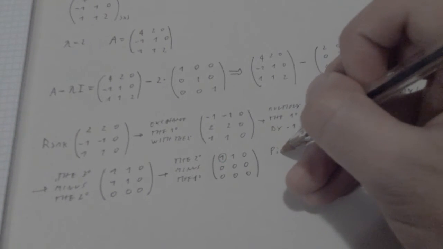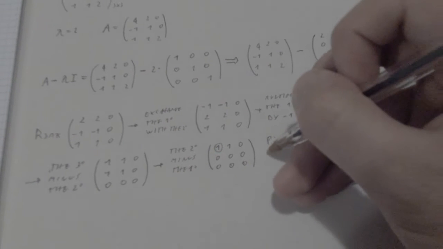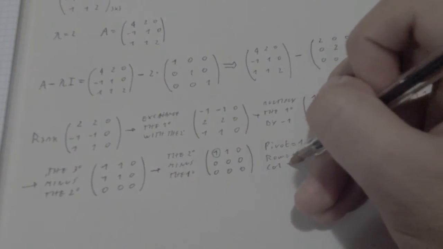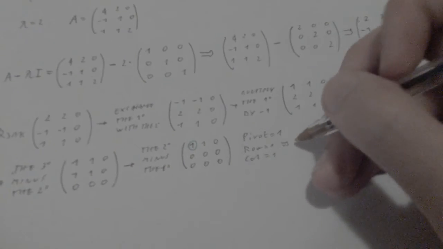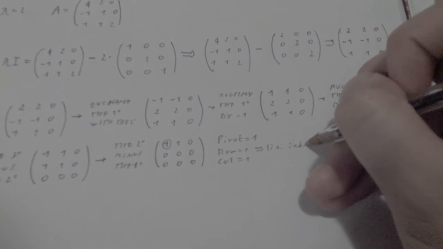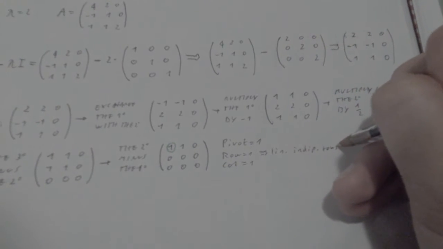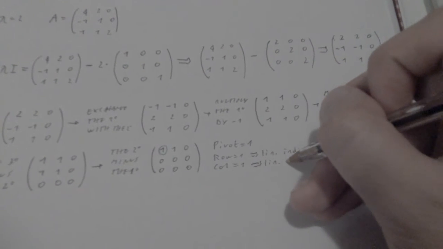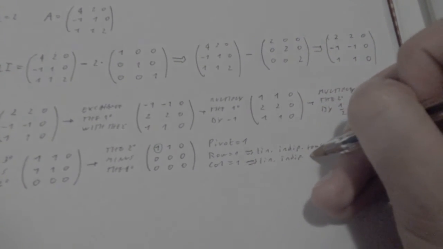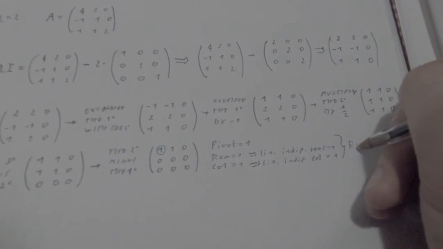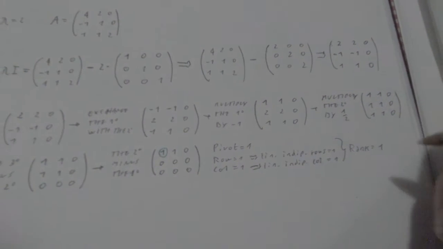So we have pivot equal 1, row equal 1, column equal 1. By row I mean linearly independent rows equal 1, and by column I mean linearly independent columns equal 1, and therefore the rank is equal to 1.